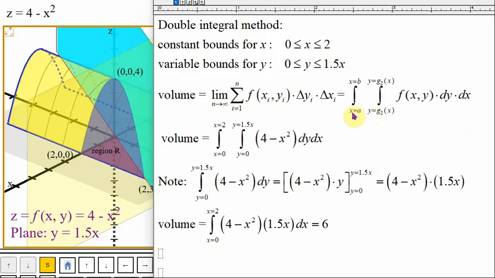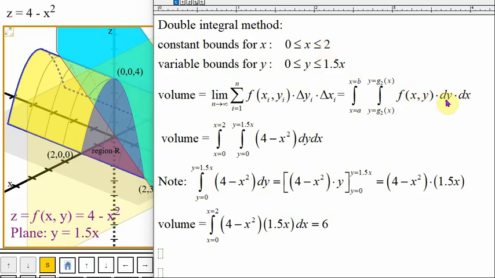And to get the exact volume, we can use the dy dx method, or we can do the dx dy. So in this case, I chose to do the dy dx. And so since we do dy dx, then the bounds for x for region R right here will be constant, and so x will be between 0 and 2.